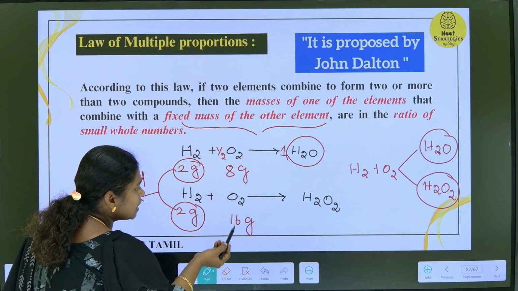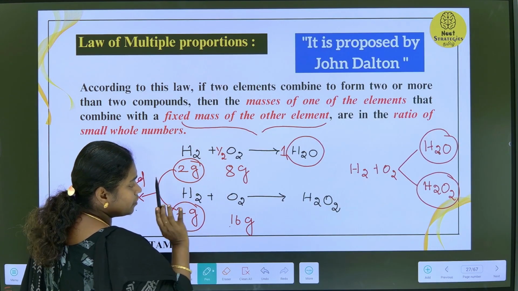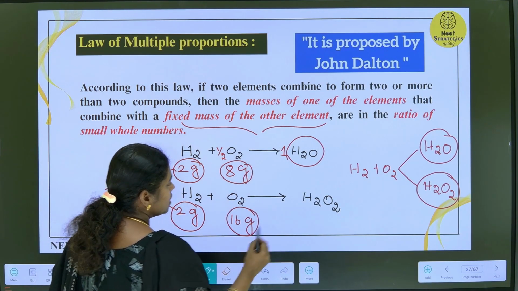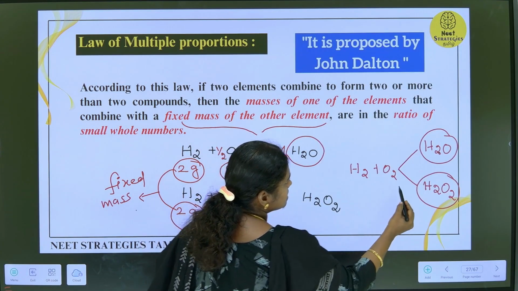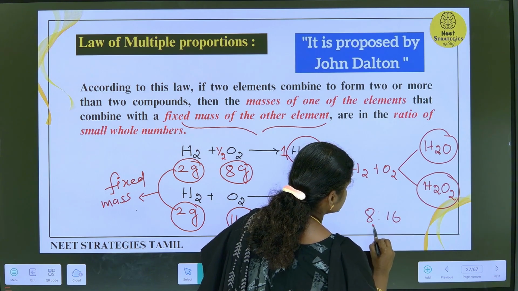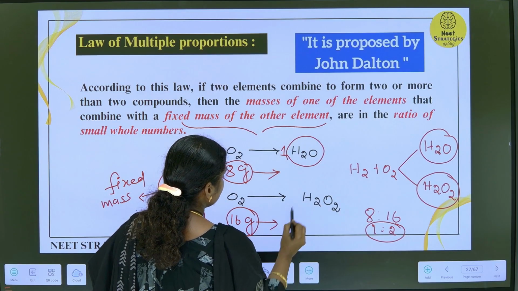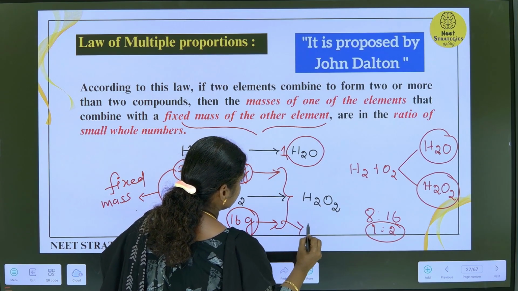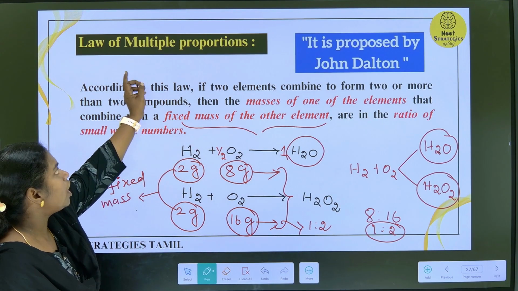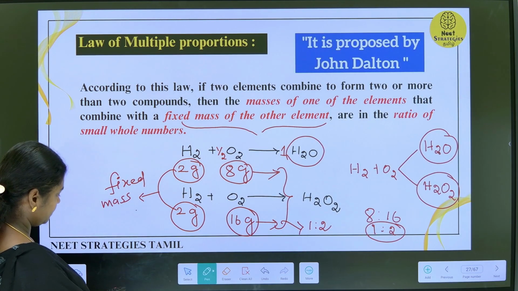The ratio is 8:16, which is a 1:2 ratio. This is called the law of multiple proportions.